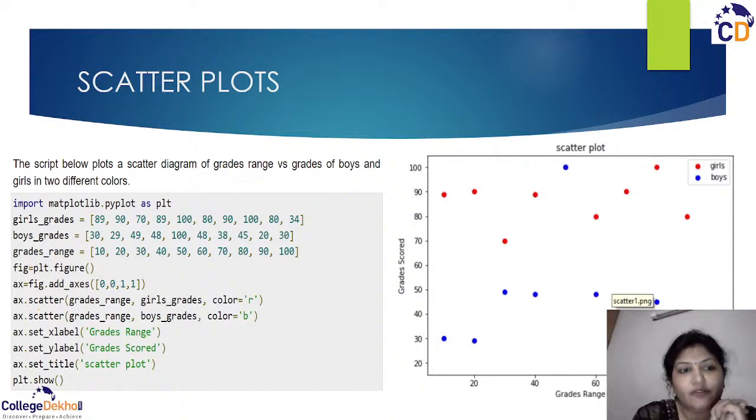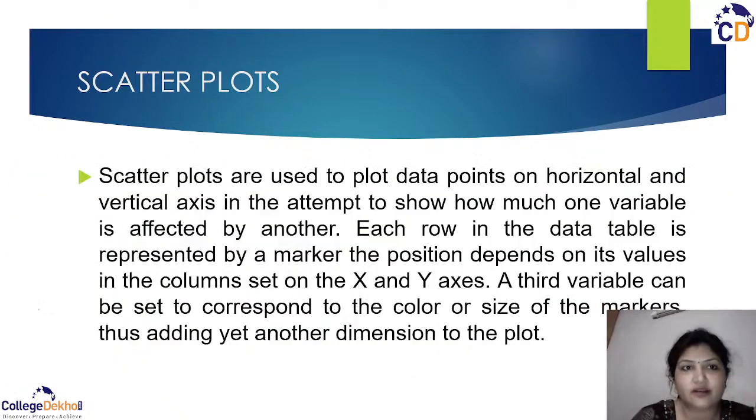Now after this we have called two functions: the figure function for plotting the figure and the figure dot add axes function for the axis. For bar chart we have bar, for histogram we have used the hist function, and for pie chart we have pie.